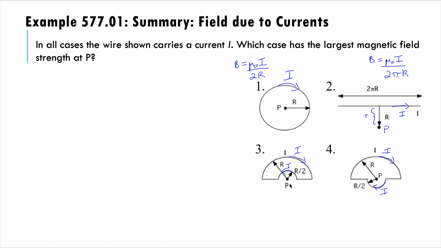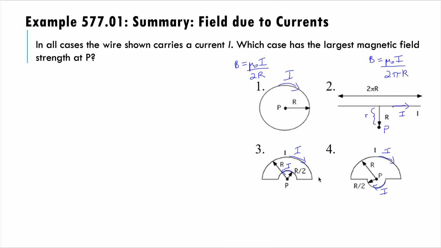Does that mean that the field at point P is going to add up in each case, or is it going to subtract in each case? So that's definitely going to help you find the answer. And then the other thing is to figure out how can we apply this equation here, B equals mu naught I over 2r, to cases 3 and 4. So think about it and pause the video.